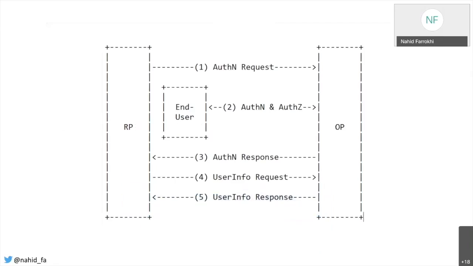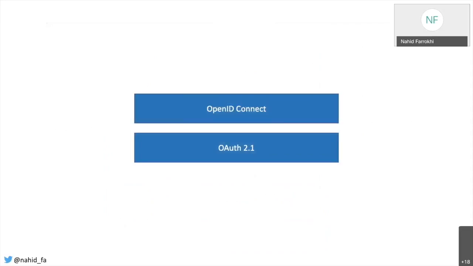Here is a big picture of how it works, just to show it is on top of OAuth. I'm not going to dig into OpenID Connect. I just wanted to show that, as far as the scope of this session is concerned, the future of OpenID Connect is that it would be the same thing, but on top of OAuth 2.1.